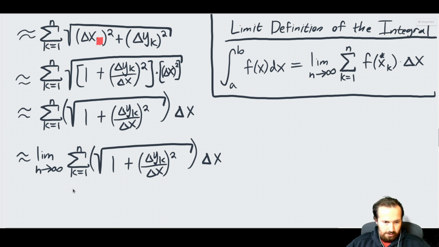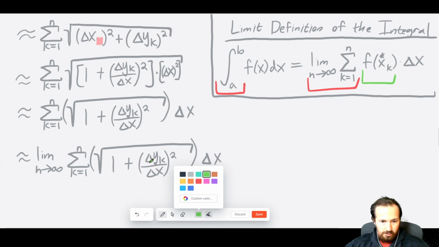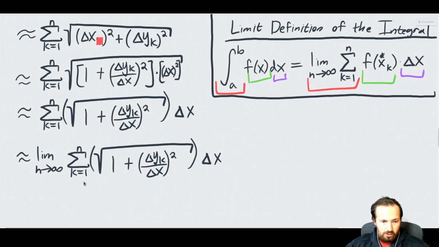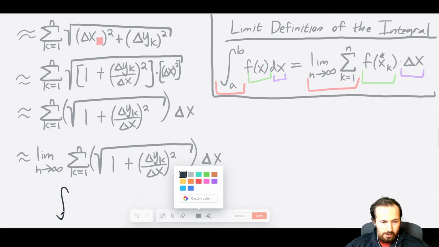Hopefully, looking at this, it's clear that if you pattern match one for one, this thing becomes the thing you're integrating, and the delta x becomes the dx. On the outside, this is going to end up being some integral from x equals a to x equals b, then dx.